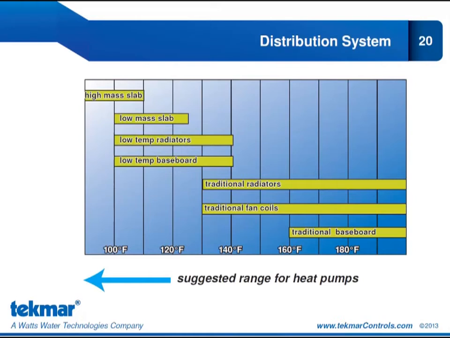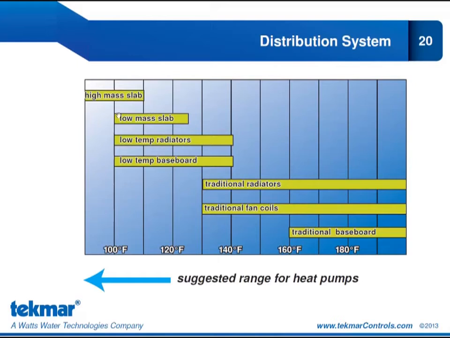This is a chart that shows us the suggested range for a variety of terminal units. So on the low end, we have our high mass slab. So that would be the slab on grade. And you can see we can operate this with very low water temperatures. We're looking at 90 degrees Fahrenheit up to 110 degrees Fahrenheit. So that would be ideal for a geothermal heat pump system. Next we have a low mass slab, so that would be a thin slab installation.